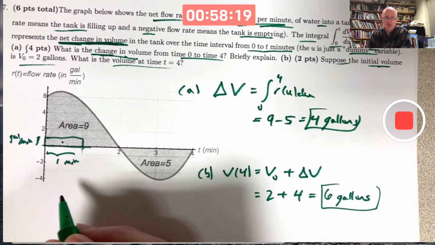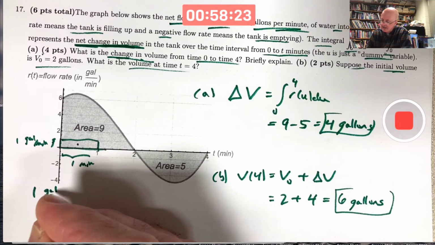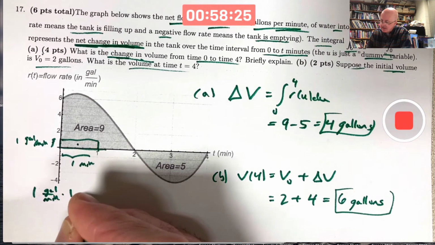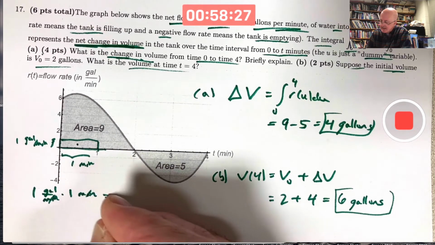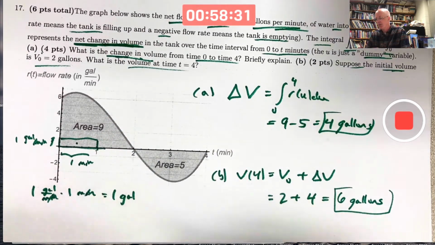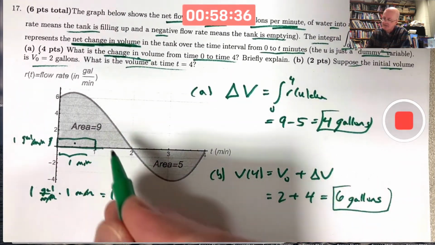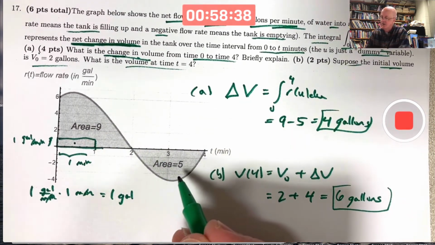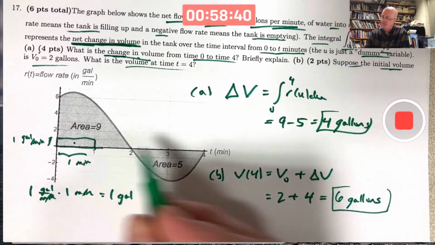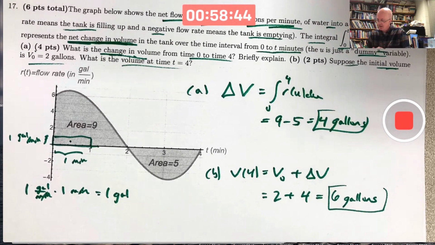The product of those two is 1 gallon. 1 gallon per minute times 1 minute. The minutes would cancel and give you 1 gallon. So you could think of each box, each rectangle here, as representing 1 gallon of volume and count approximate boxes to see this area is approximately 9 and this area is approximately 5. And then once again, for part A, do 9 minus 5 to get 4 or something close to that.